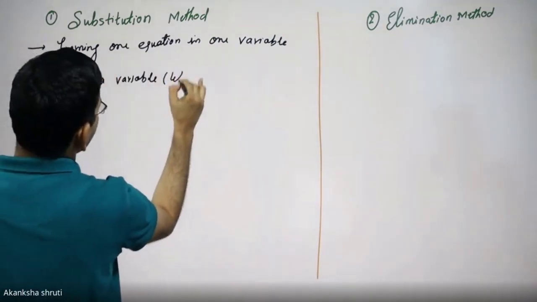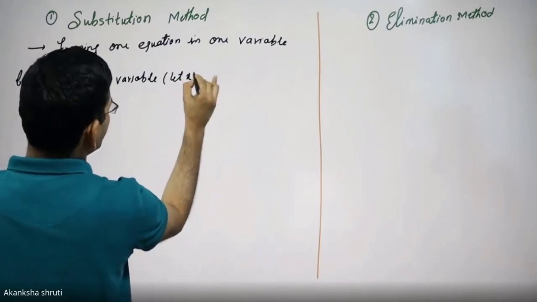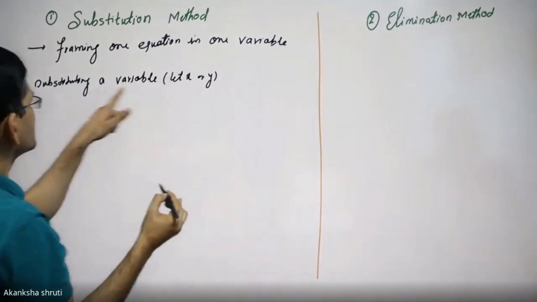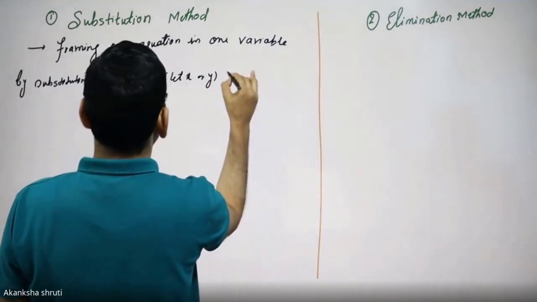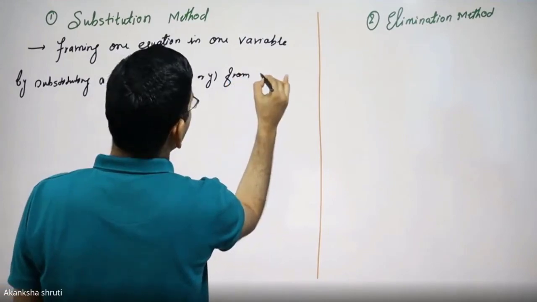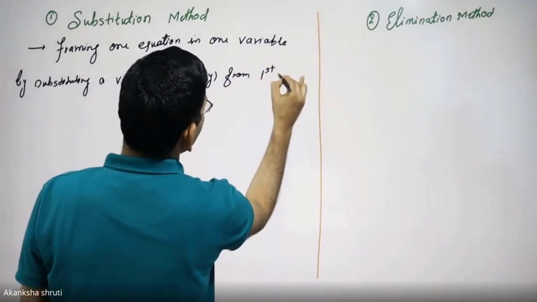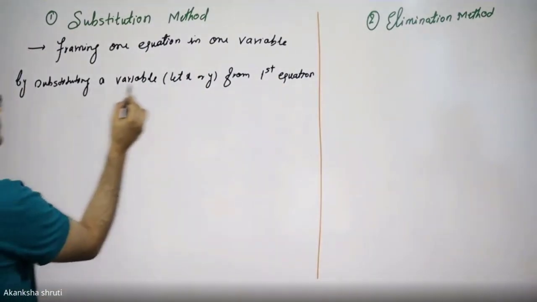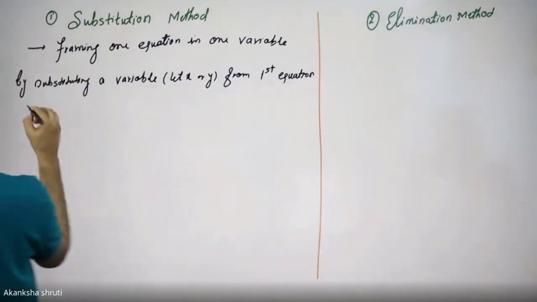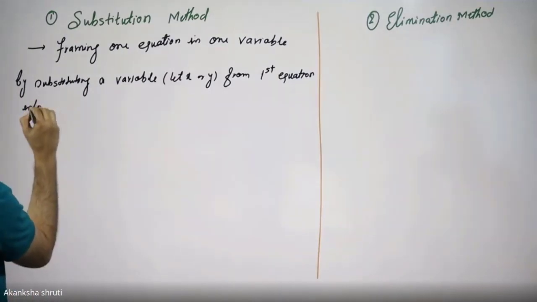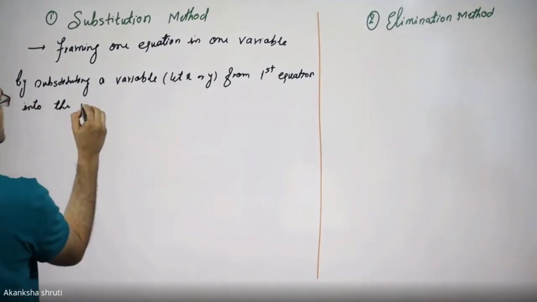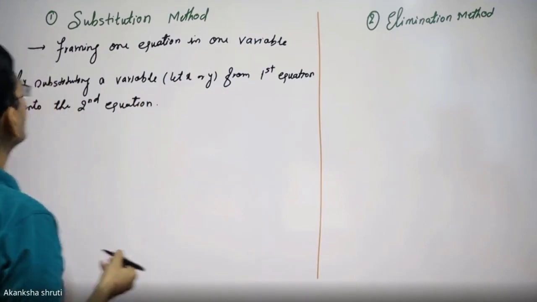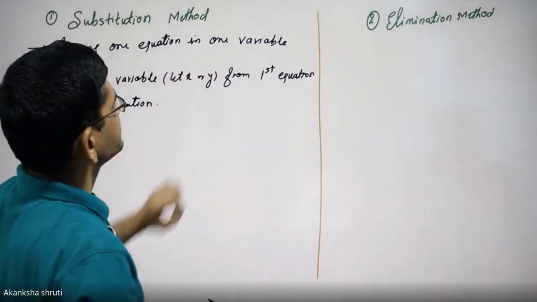Say, let this be x or y, any one you may take, from the first equation, or you may take from the second equation also. So by substituting a variable from the first equation into the second equation, write this. This is the only tool. The whole method is just this much.